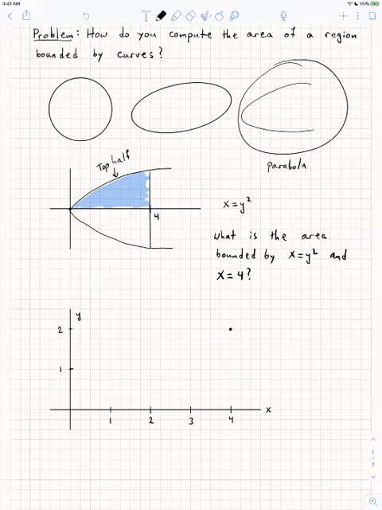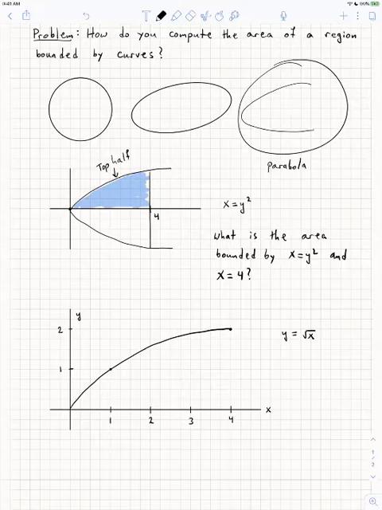That's going to look a little something like this. There we are. That's the top half of the parabola x equals y squared. Another way we can write that is y equals the square root of x. So the top half of this parabola is actually the graph of the square root function.